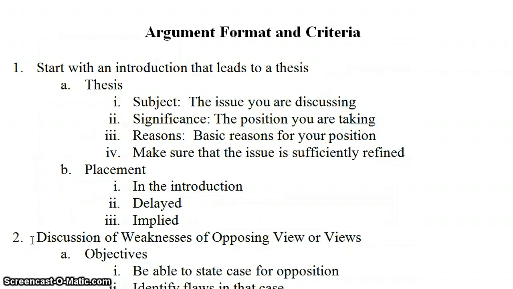One of the things I want to point out here is you want to avoid something called the straw man fallacy. What the straw man fallacy does is it takes an argument, distorts it, and attacks that distortion. A lot of times we'll take arguments that we disagree with and we'll simplify or oversimplify them and then attack that oversimplification.